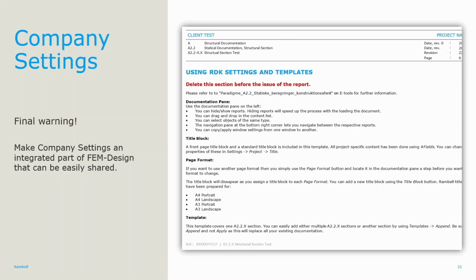I can't get 500 structural engineers to open a folder and press get company settings, and then if I make an update to the company settings, I need to tell those 500 structural engineers to do that. Maybe the first time you get company settings, that's fine, you need to get it somewhere, but if an update is done, then it should be a pop-up when people open FemDesign to say there's new company settings, do you want it, or something like that. If you don't do it, then we're going to do it ourselves in RAMBOLL. We're going to make a script or something, because right now it's too complicated.